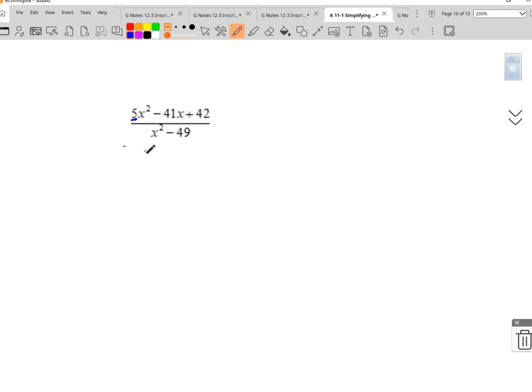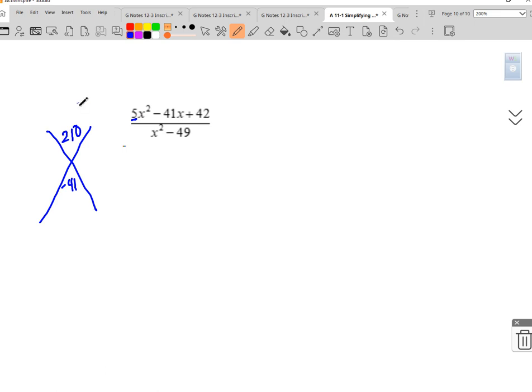So, a times c, 42 times 5 is 210. So we're going to have positive 210, and our middle numbers need to be negative 41, so both of our factors will be negative.